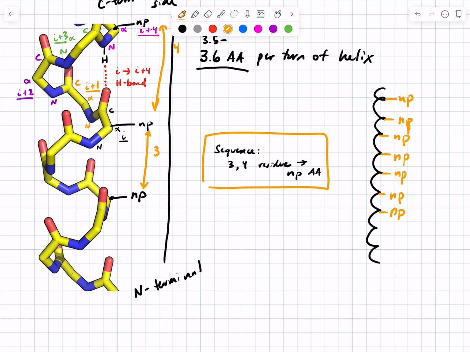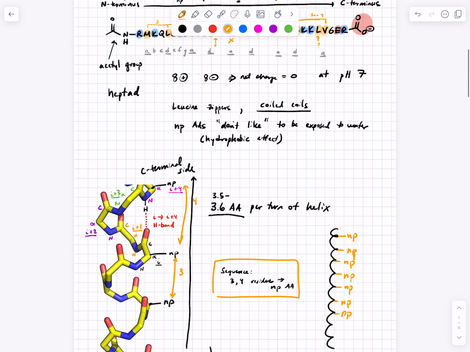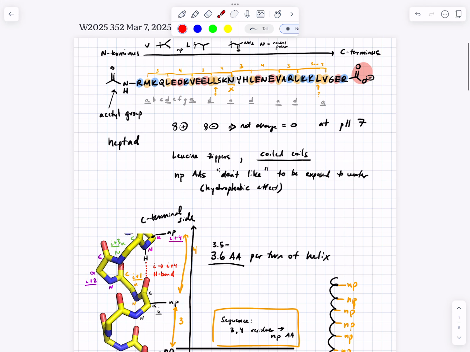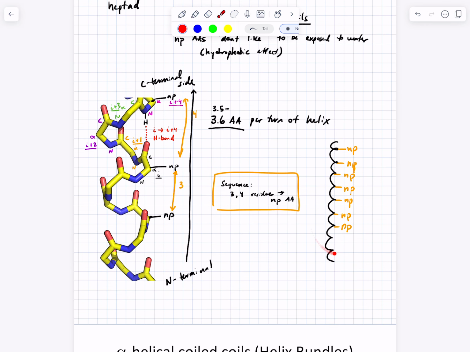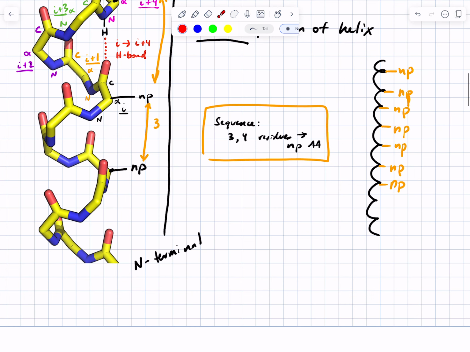Okay, so now with that, let's imagine if this peptide formed an alpha helix, because of its pattern of 3, then 4, then 3, then 4, this heptad repeat where every A and D position has a nonpolar amino acid. If this peptide made an alpha helix, it would be what we call globally amphipathic.